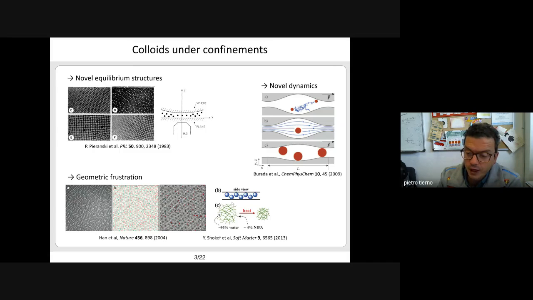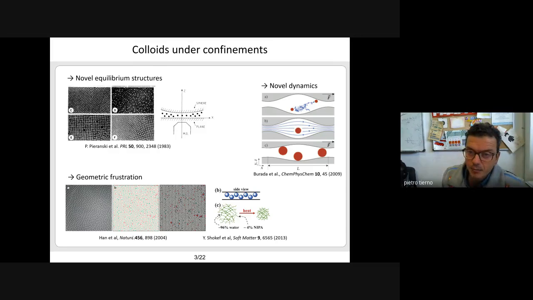So they confine them between two slit pores, they lower the temperature, and they see how the system buckles. And they find that there is a strong reminiscence to a geometrically frustrated system. It can be mapped to Ising-like models, where in 2 dimensions you have a complex ground state that is characterized by a sequence of stripes in this microgel system.